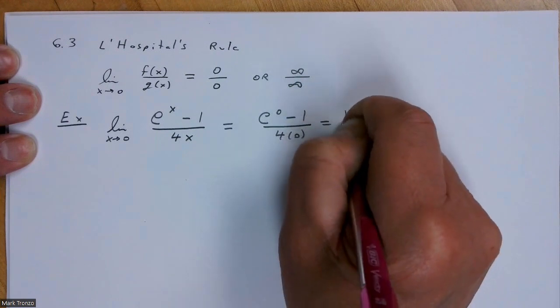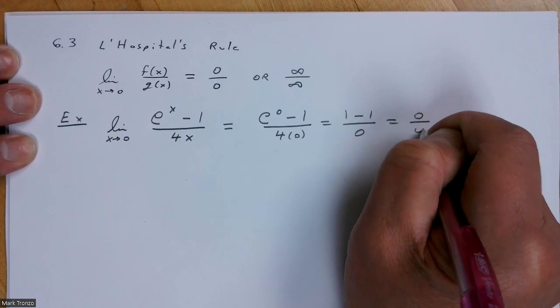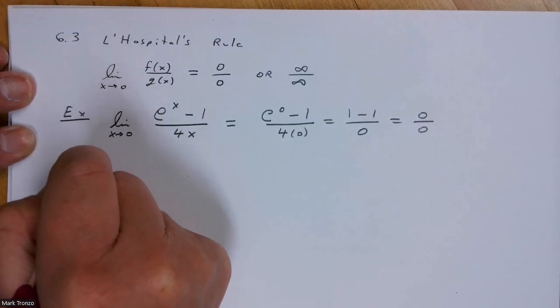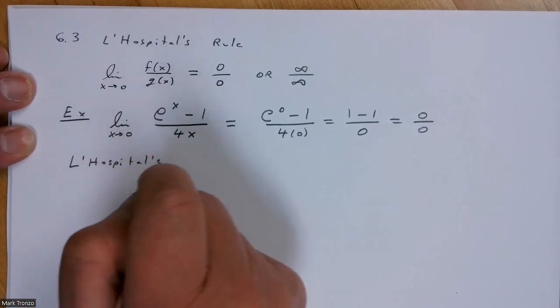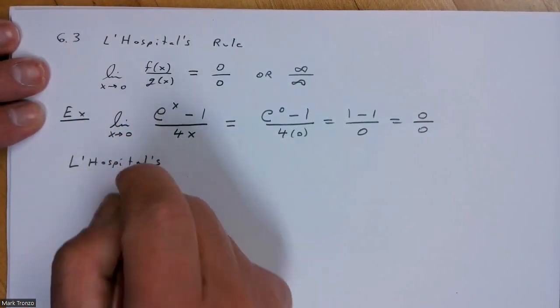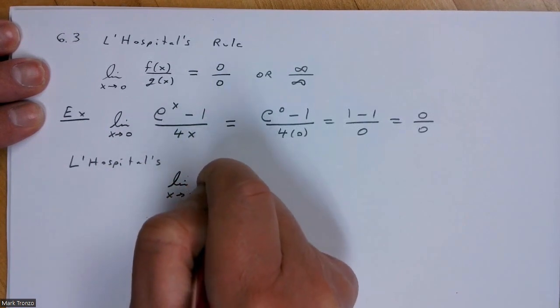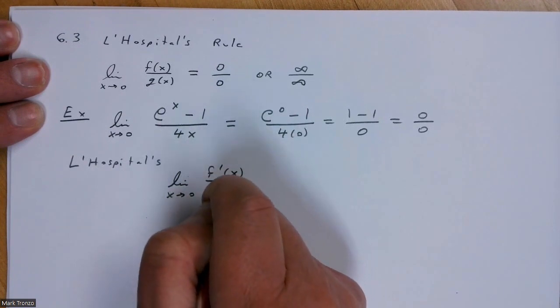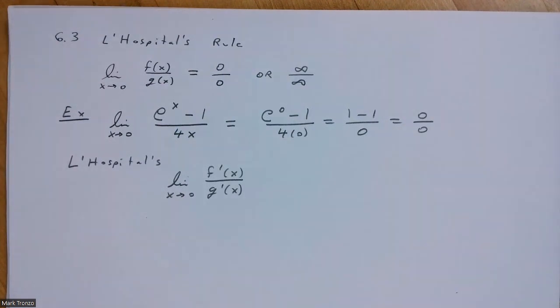This is, of course, going to be 1 minus 1 over 0, which is 0 over 0. We can use L'Hopital's rule, which says we can take, instead of this, the limit as x approaches 0 of the derivative of the numerator divided by the derivative of the denominator, and find that limit.